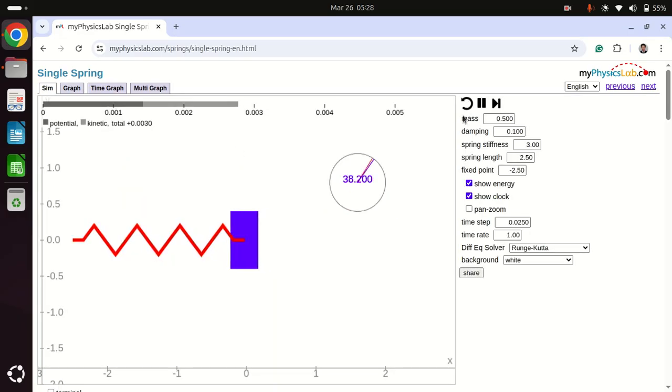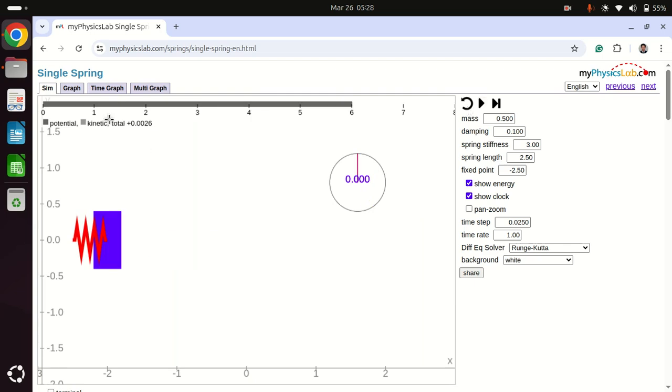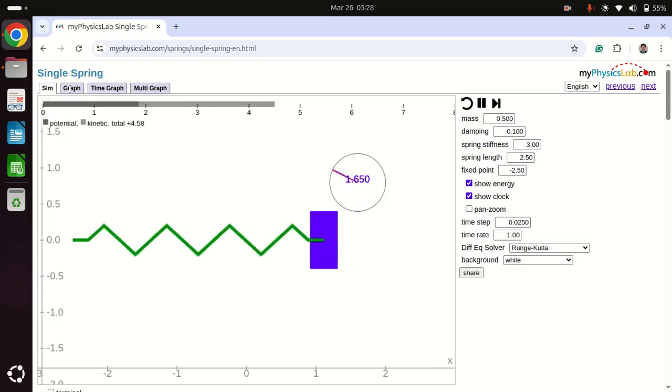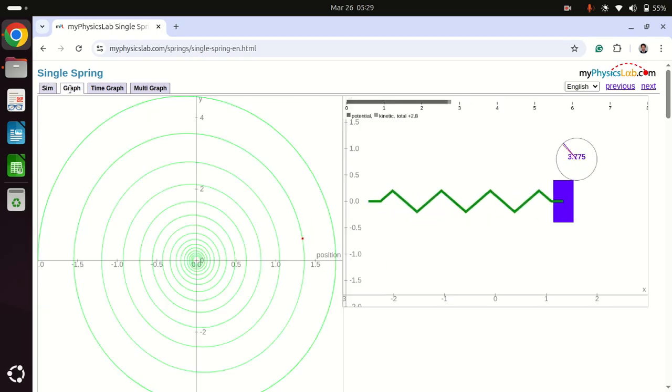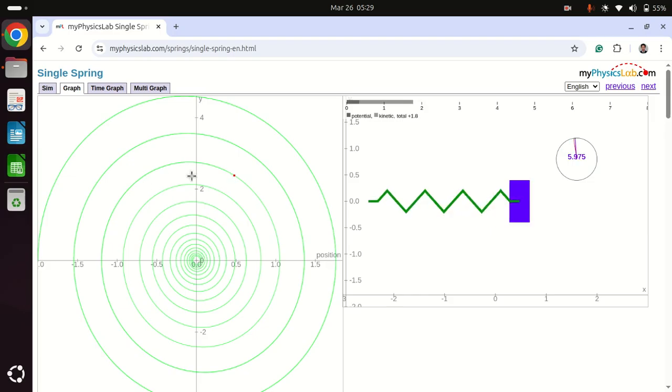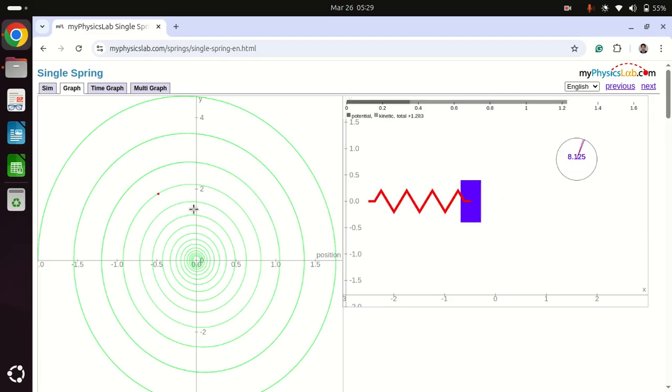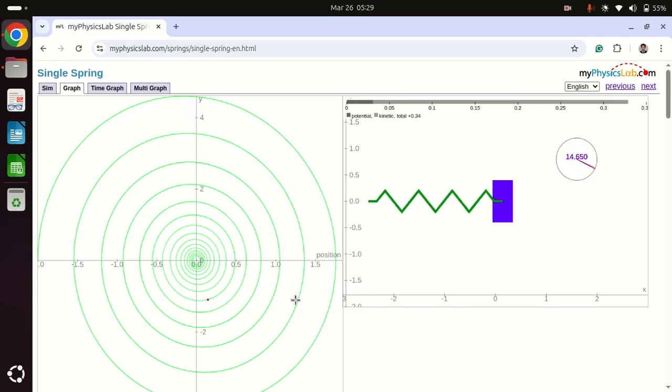We might reset here. And how to start this? Okay, here started, and now we can see the graph here. Okay, there is a pointer here, and how the amplitude is going to change over the time. Okay, you can see here.